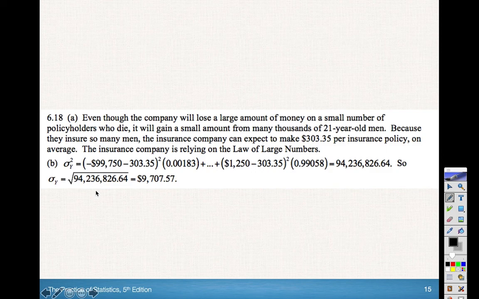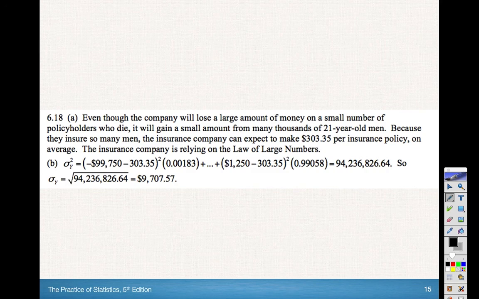What is the typical variation here? The typical variation comes from the variance of 94 million. That's our variance, that giant number. So our square root of that is $9,707. The typical variation from the mean is $9,000.